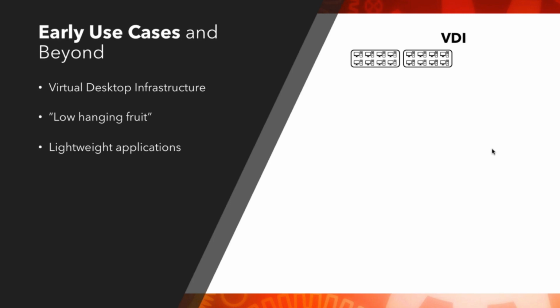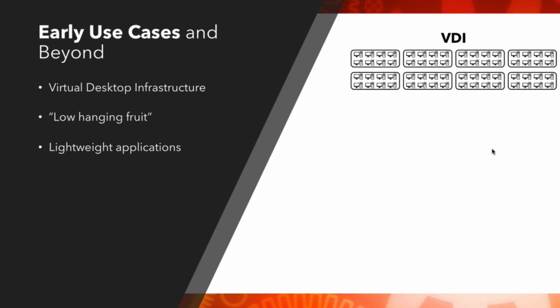In the example you see on your screen right now, it's a very simple example: 2 nodes with 8 virtual machines, 8 desktops, on each one. As you have a need for more desktops, you know exactly what the step size is. If I want to add 8 more desktops, I add another node. Now, in the real world, you're going to support way more than 8 desktops per node. But for illustrative purposes, you can see that this is a very linearly scalable application that's very well suited for hyperconverged infrastructure.